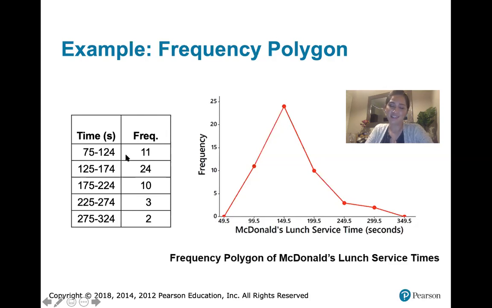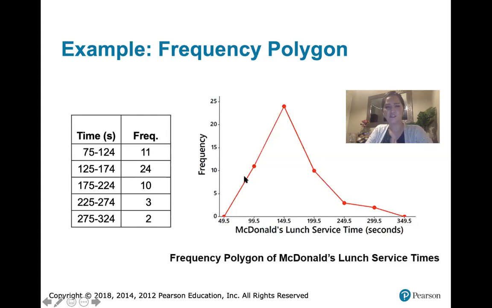So that's very fast, and that's why it's fast food. And then there were 24 people in the data set that waited between 125 seconds and 174 seconds, and so on. So how do you come up with this frequency polygon?